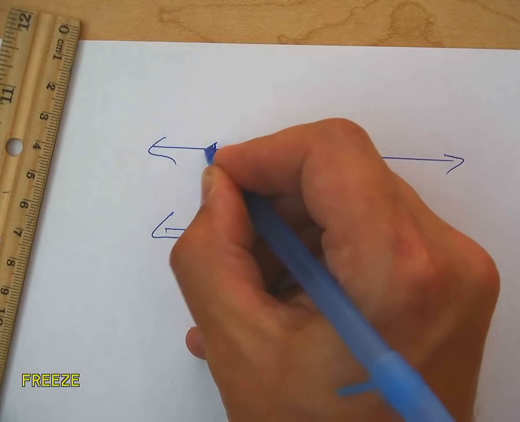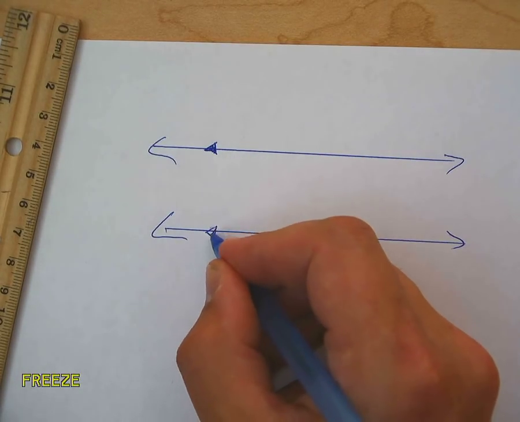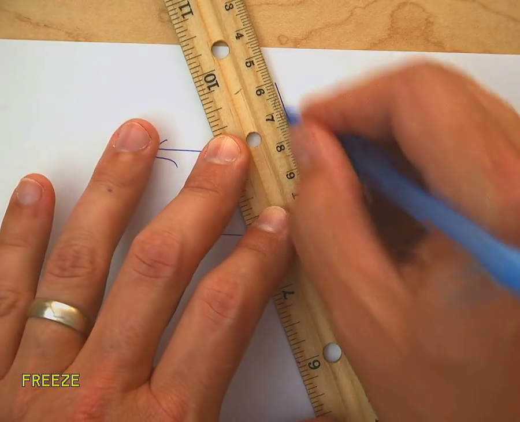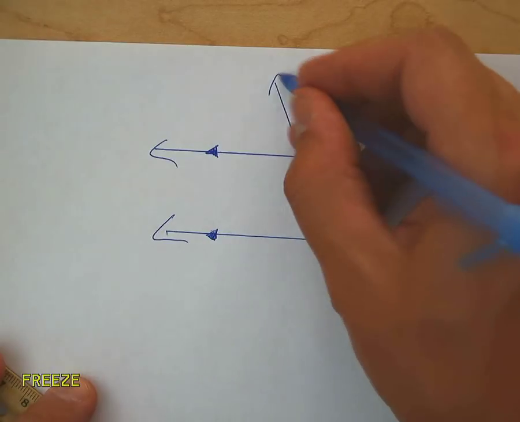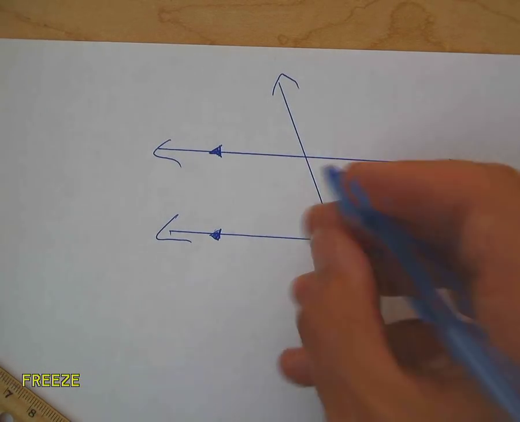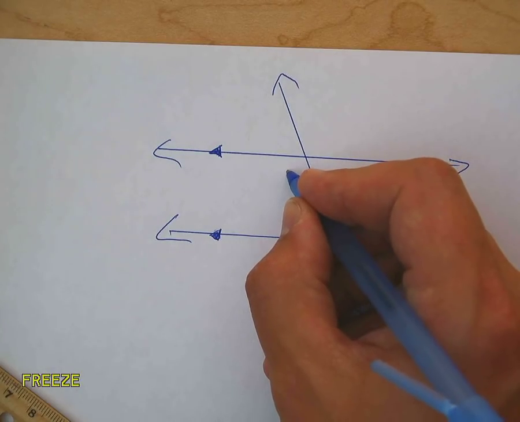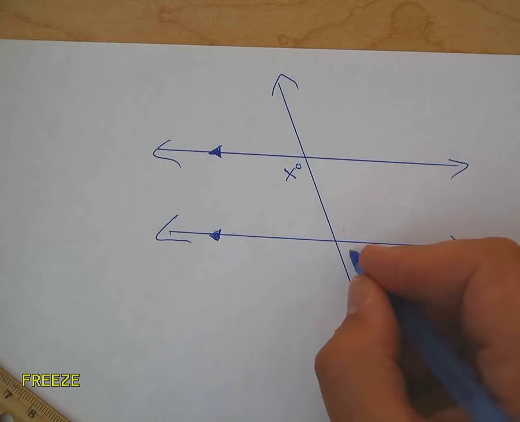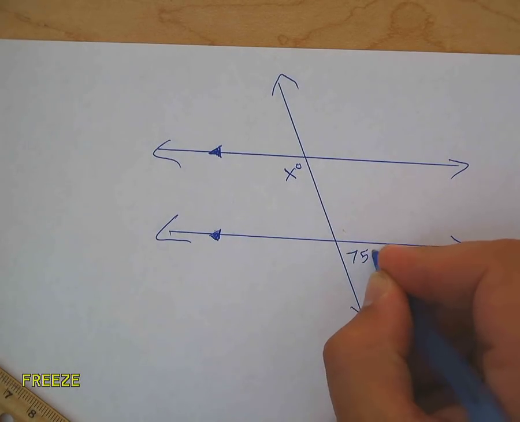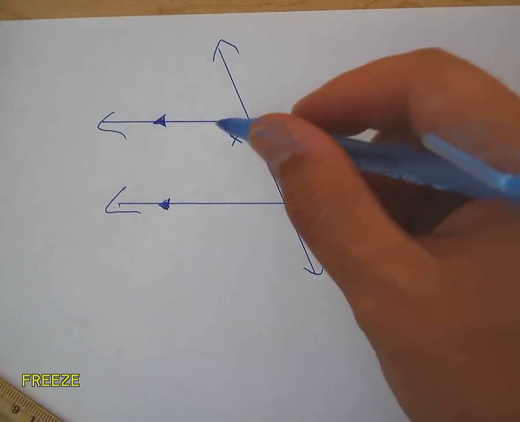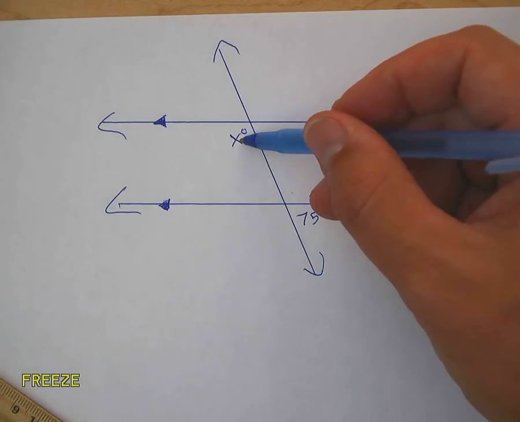I'm going to put a little arrow in there to mark them parallel, and I'm going to draw a transversal. And let's say that this angle is x degrees. And this angle down here is 75 degrees. And let's assume that these lines are parallel. So I need to know what x is.